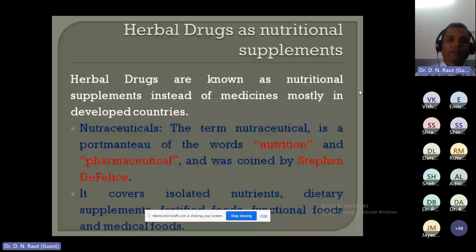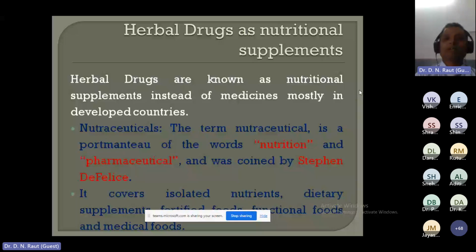Even though WHO has also faced some standardization issues of herbal medicines, the herbal medicines are still very potent. In India, we use these herbal medicines as drugs. In different countries, we call them nutritional supplements.